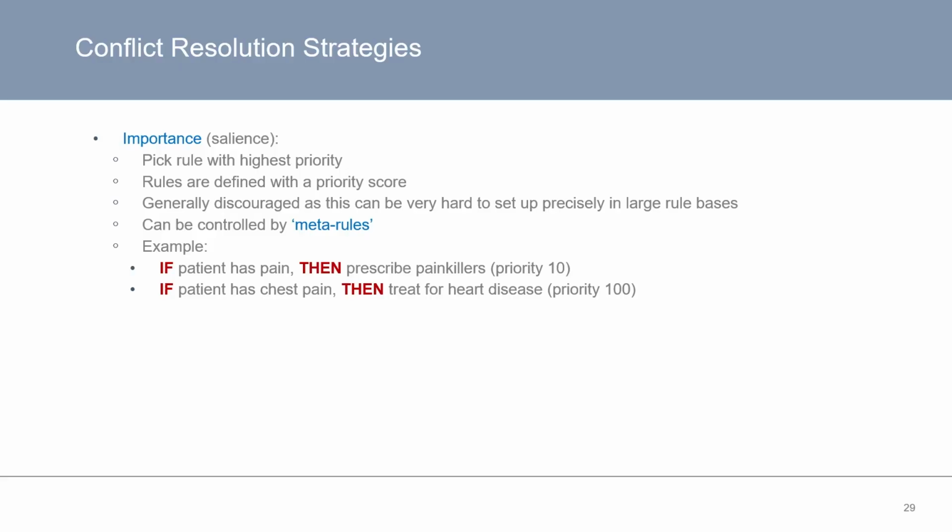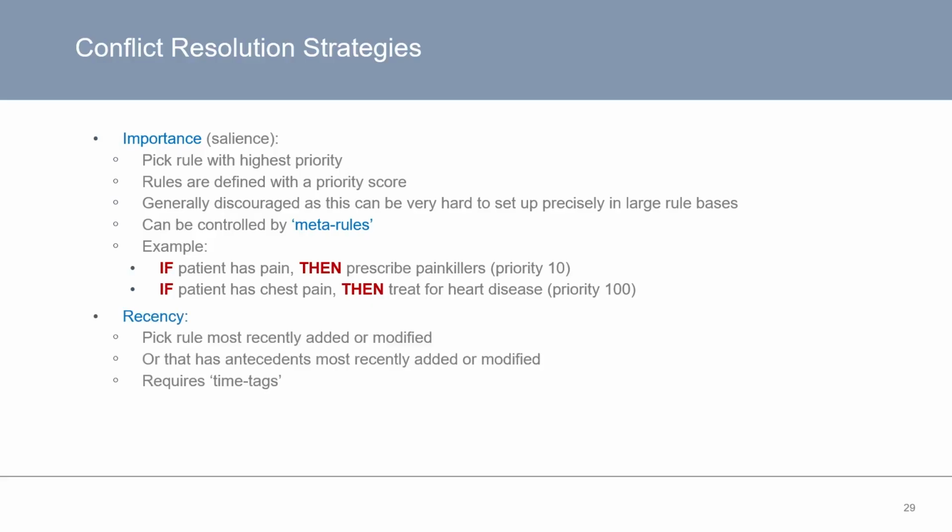Here's an example of using importance for conflict resolution, where we have two rules: if patient has pain, then prescribe painkillers, where this rule has a priority of 10, versus if patient has chest pain, then treat for heart disease, which comes with a priority of 100. If both of these rules' conditions were satisfied, then the second rule would actually be fired, since it has a higher priority.